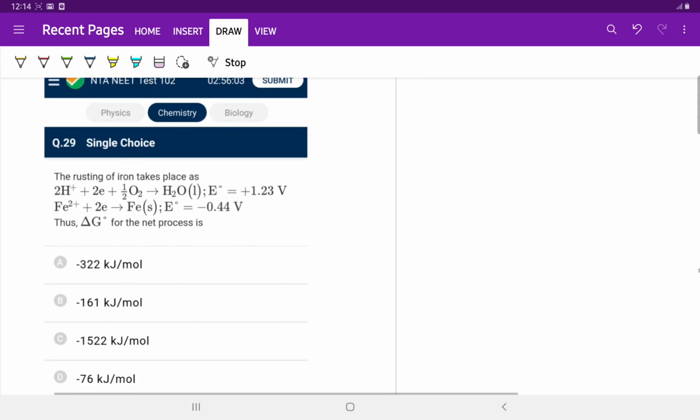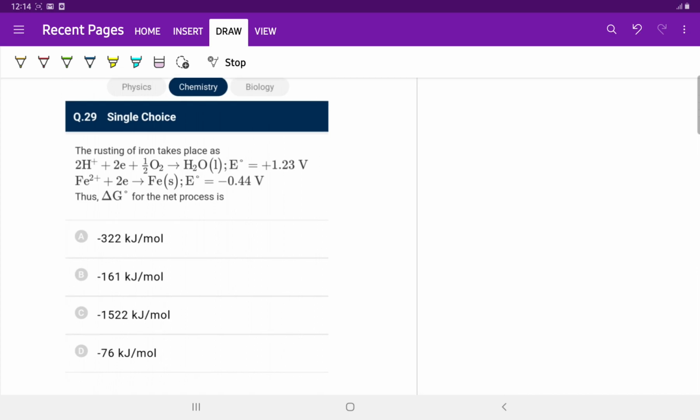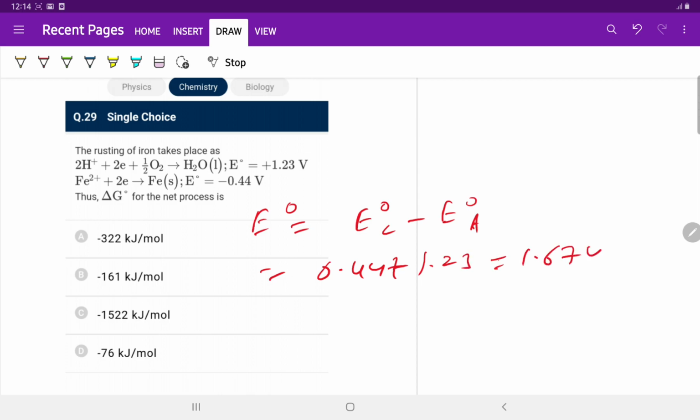The delta G for the net process is, okay, E naught of cell is equal to E naught of cathode minus E naught of anode, which is equal to 0.44 plus 1.23, which is equal to 1.67 volt.